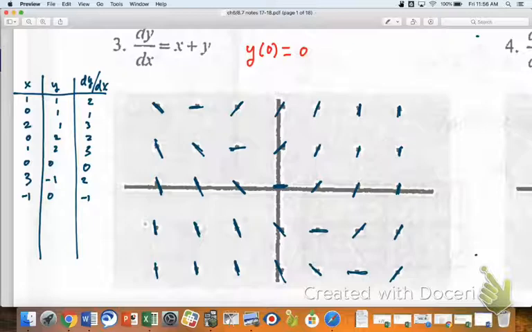Well, this is a pretty curvy graph, right? Depending on which part you're looking at, sure. Y of 0 equals 0.